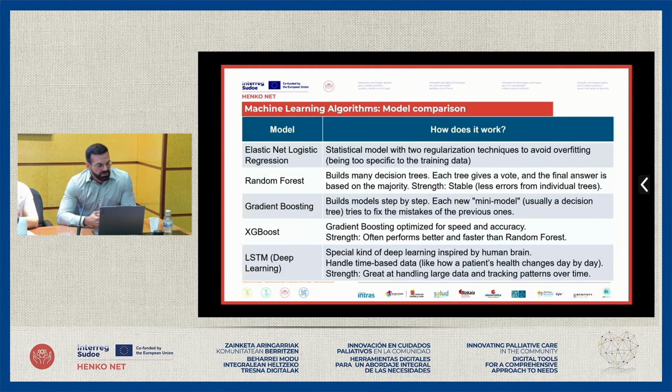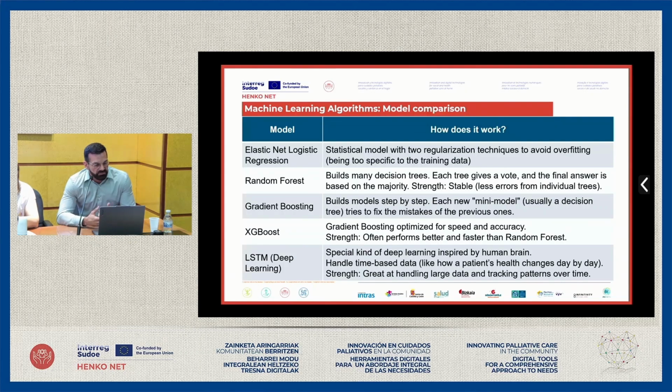It's a first step, because a better way to use machine learning is to use random forest. It can be described as mini decision trees, and each tree gives a vote, and the final answer is based on the majority of the votes. The strength is that this is a stable technology with few errors for each individual tree. More developed is gradient boosting.